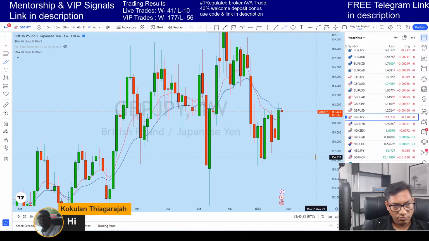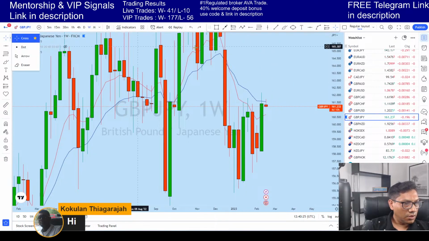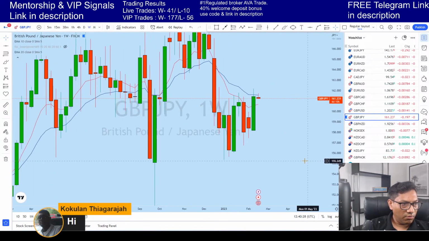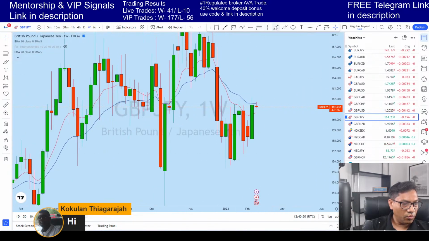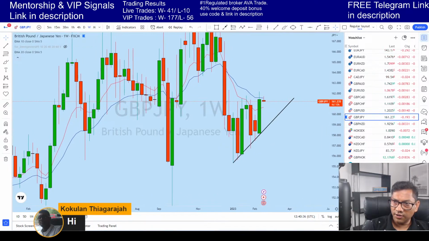Now, if we look at the overall market structure on GBP, this is the weekly chart and this is the weekly level of support here.